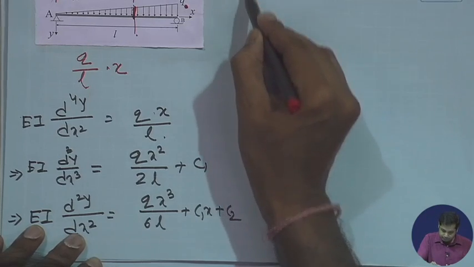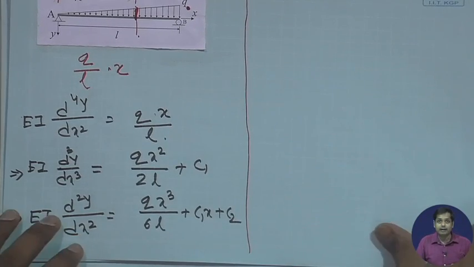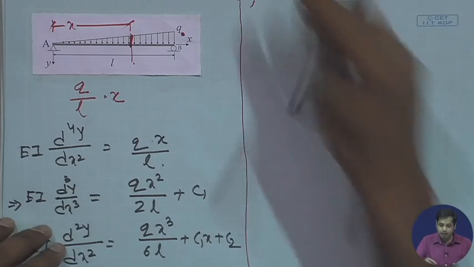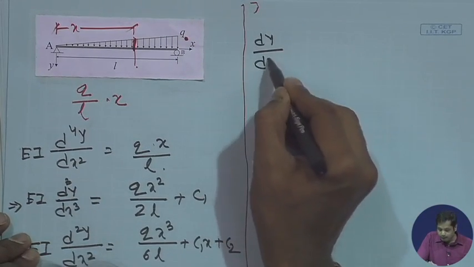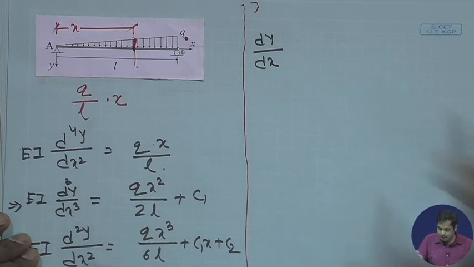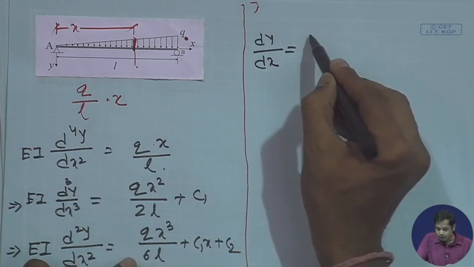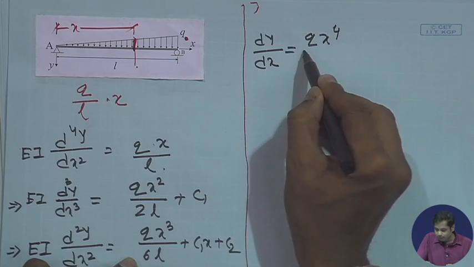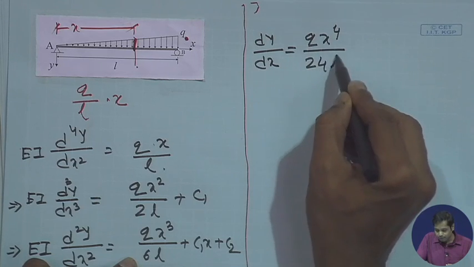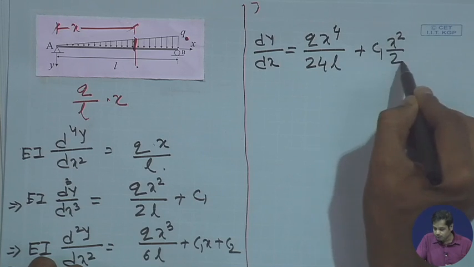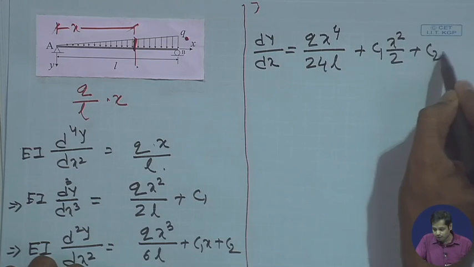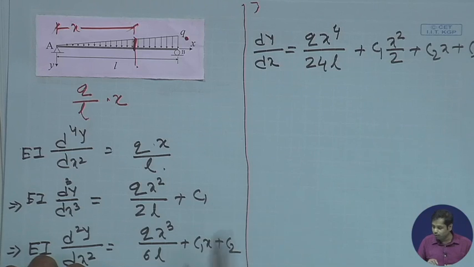Then do it the third time, and this becomes dy/dx = Qx to the power 4 by 24L plus C1 x square by 2 plus C2x plus C3, one more constant.